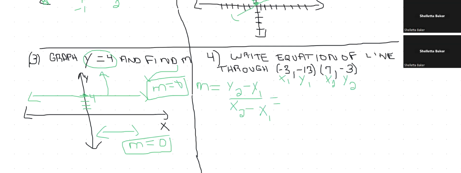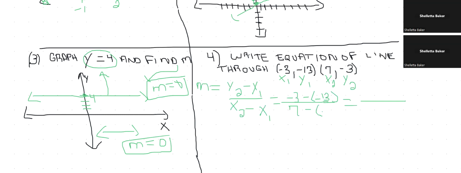So y sub 2 minus y sub 1 in the numerator, that will be negative 3 minus negative 13. That's our y sub 1 value. In the denominator, we'll take the difference in the x coordinates. So x sub 2, which is 7, minus x sub 1, which is negative 3.